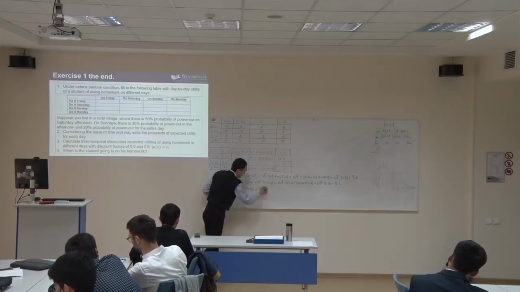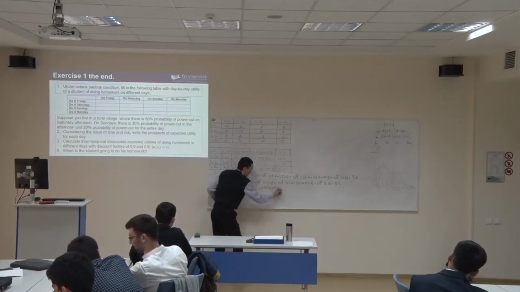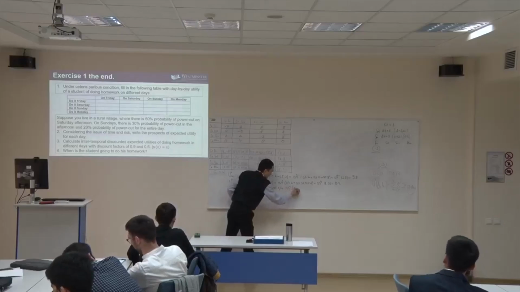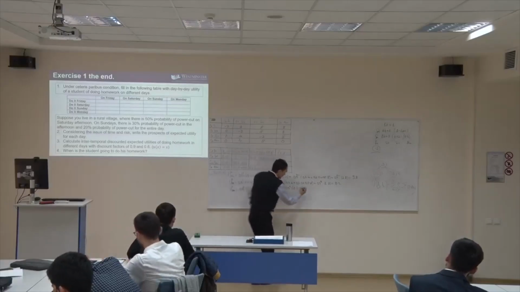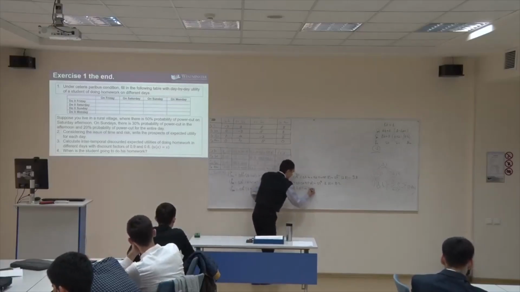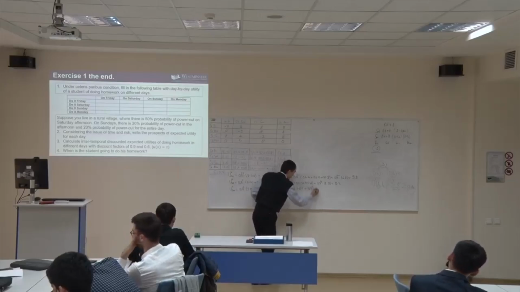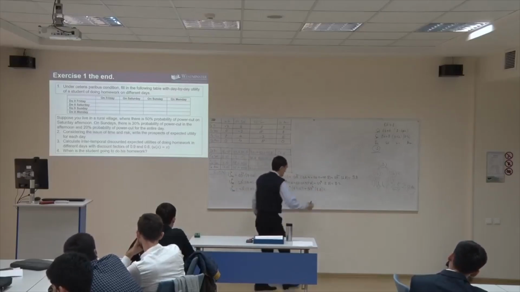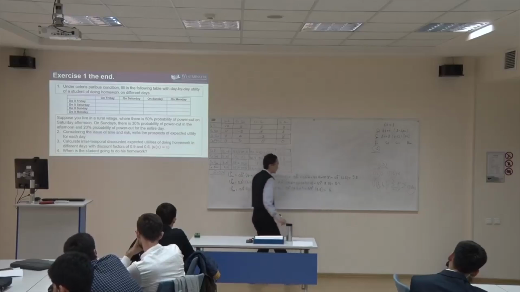So 0.9 in the power of 1 times 0.5 times 4 plus 0.5 times 0 plus, on Sunday, 0.9 squared times 100% probability of minus 2, right? Plus 0.9 cubed times 100% probability of 8. If you calculate this, it will give you a number which is equal to 6. Which is equal to 6, okay?